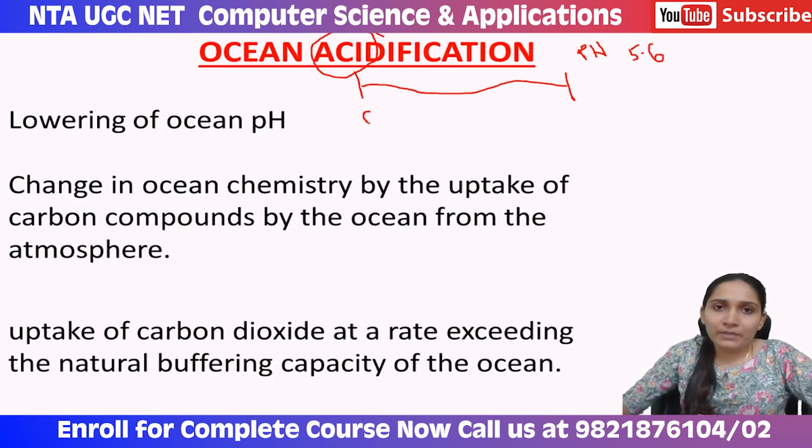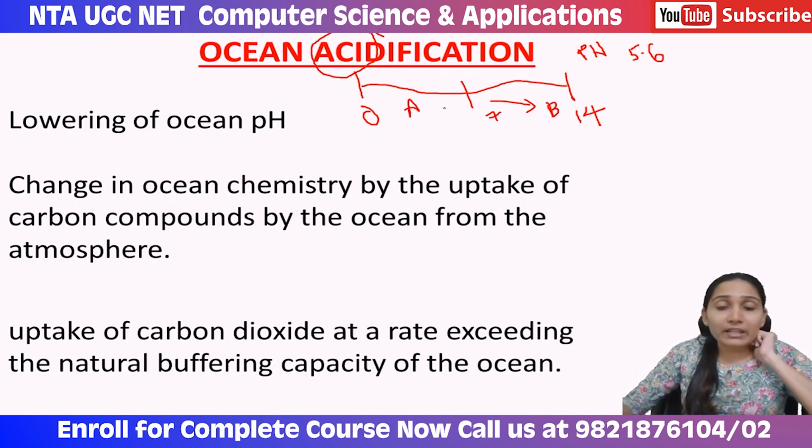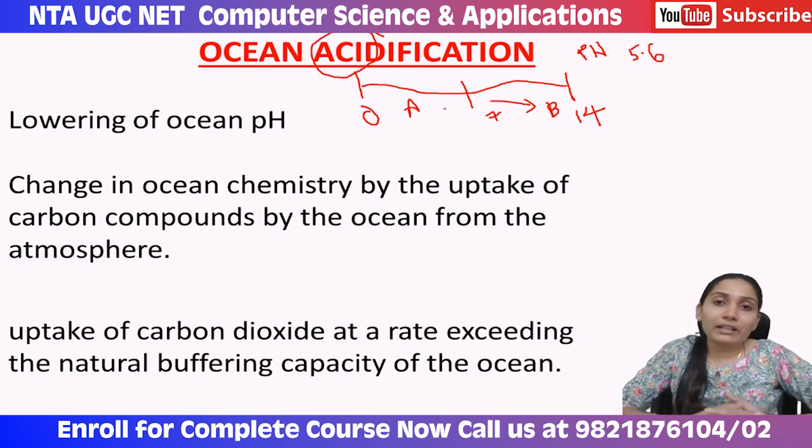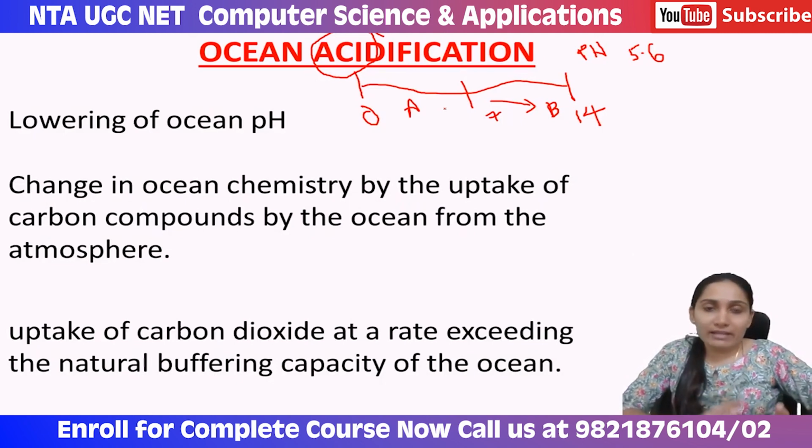The scale ranges from 0 or 1 to 14, and if it is more than 7, it is called basic, and less than 7 it is called acidic. When the pH value falls beyond a particular level, it becomes even more acidic. So with acid rain, the rainwater has a pH of less than 5.6.